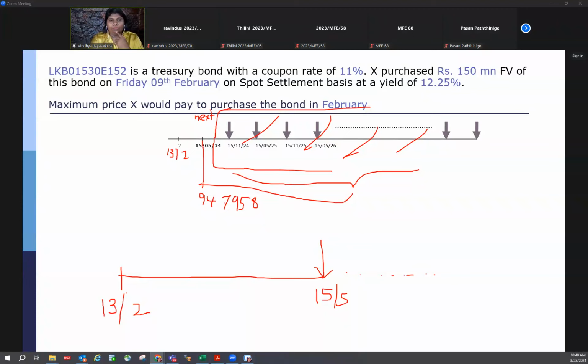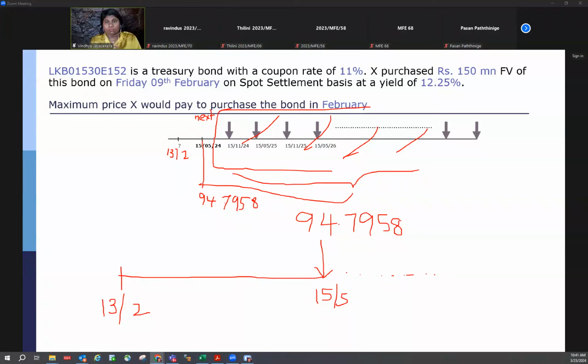Now, on 13th of February, when I am standing here and I'm looking forward to the future, do you see that on 15th of May, it is like I'm going to receive a cash flow of 94.7958? Is that correct for me to say that? My bond, is it correct for me to say that from my bond on 15th of May, I can receive, or it is equivalent to, 94.7958 in value?